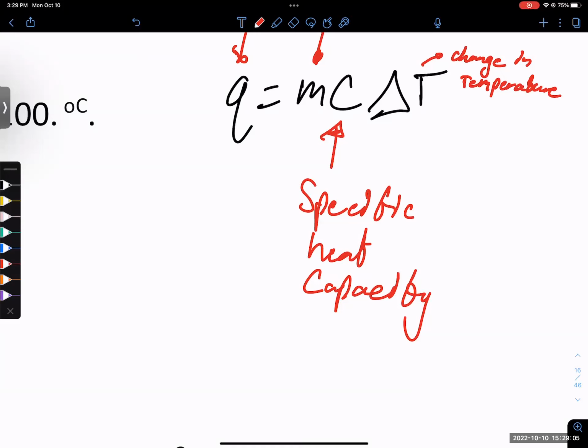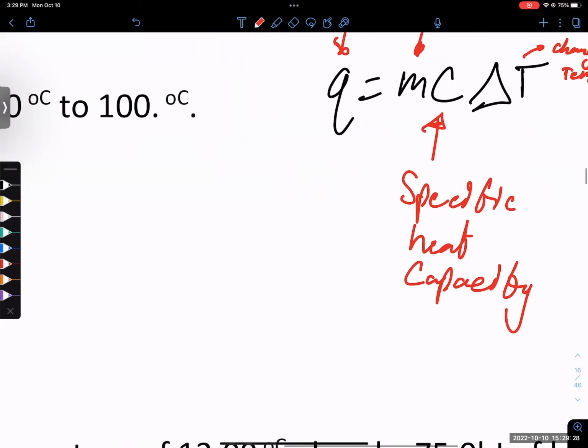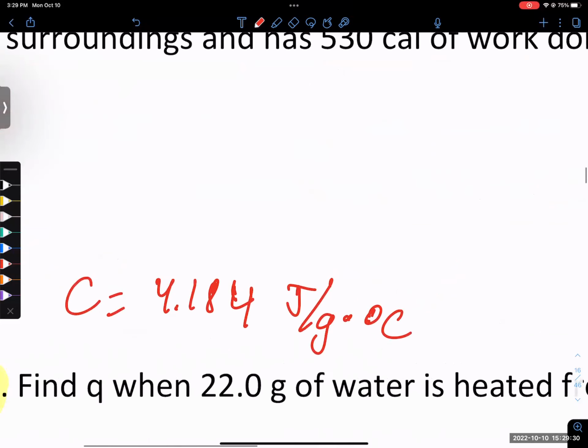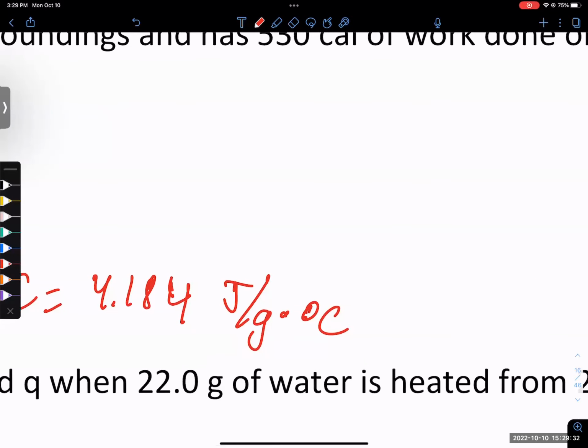If they give you your heat capacity in Kelvin, then your change in temperature will also be in Kelvin, they'll cancel out. But since they gave it to you in Celsius, then the change in temperature is also in Celsius. It doesn't matter because a 10-degree difference in Kelvin is equal to a 10-degree difference in Celsius. What's the value for water again? 4.184 joules per gram times degree Celsius.